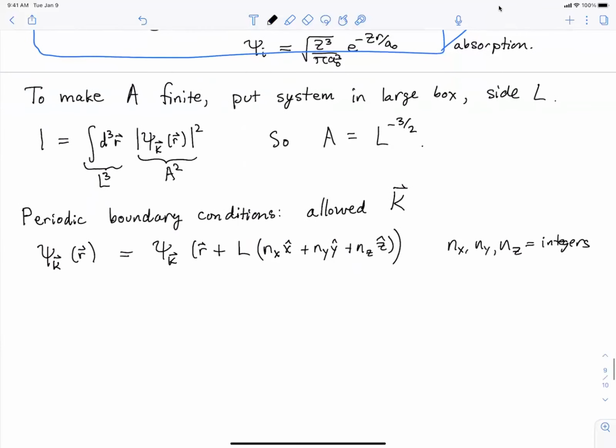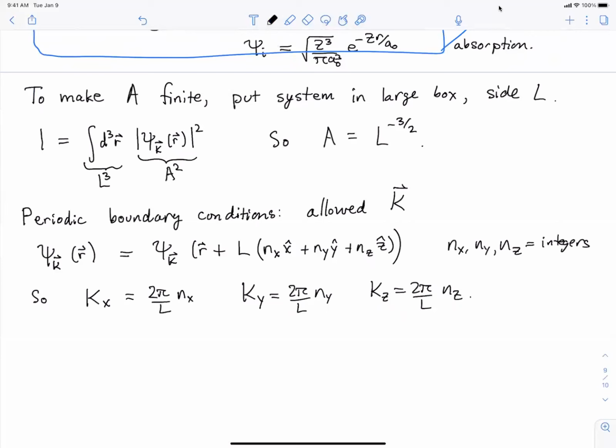And so that tells us that the x component of K should be 2 pi over L times the integer n_x, and 2 pi over L n_y and 2 pi over L n_z. So now we notice that, okay, if we take L goes to infinity, then basically all the allowed K's are getting very, very close together because the prefactor 2 pi over L is going to 0.